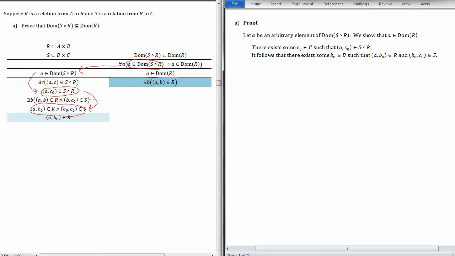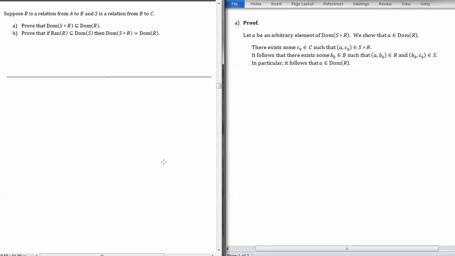And then we decided we only cared about the first half of that, which gave us what we wanted. Okay. So, because I'm only using half of what I just stated, I'm going to say in particular, it follows that A is in the domain of R, right? There exists such a B, and that was the definition of A in the domain of R. So that finishes part A.